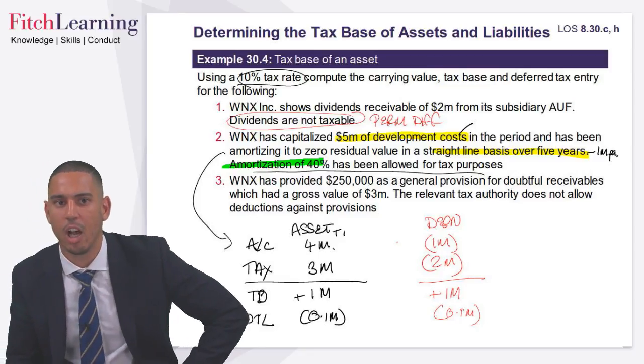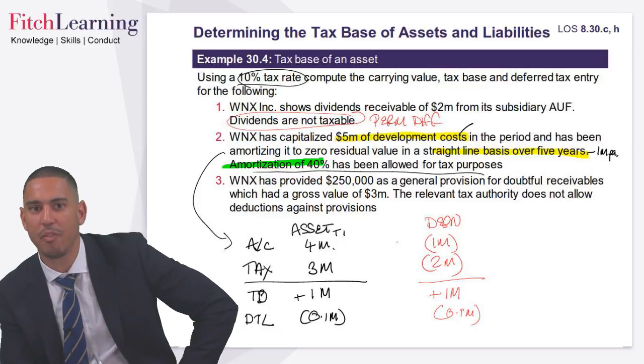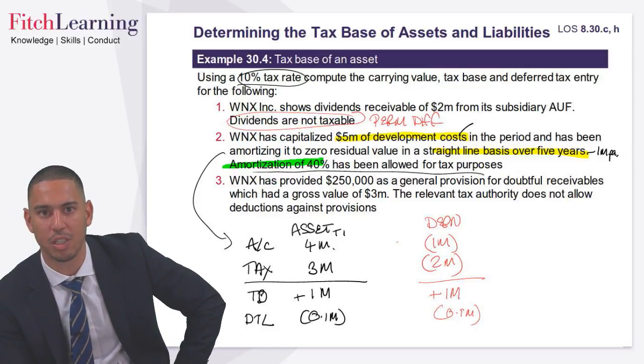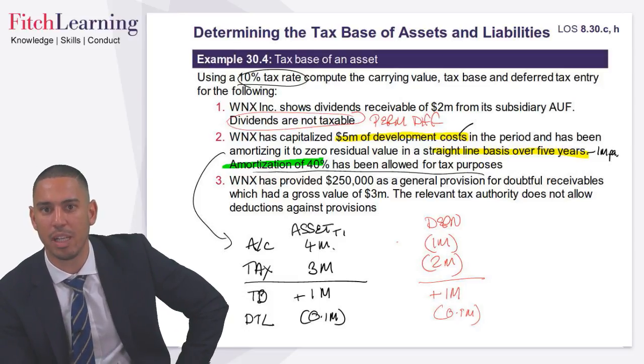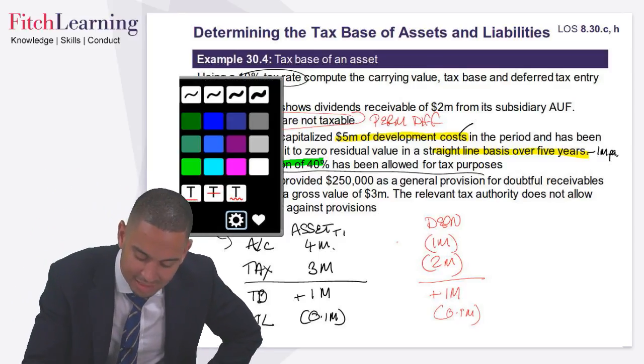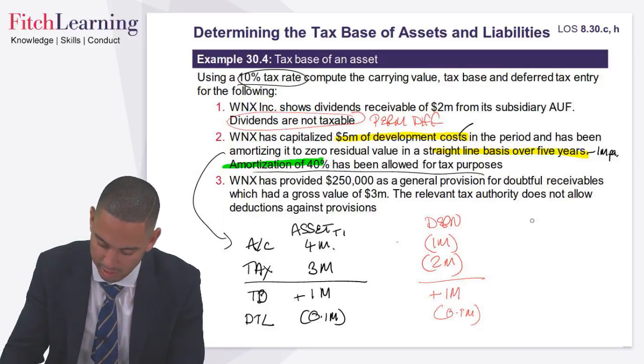Number 3, we've got a company and they've provided 250 as a general provision for doubtful receivables, which have a gross value of 3 million. The tax authority does not allow deductions against provisions. Cool, I think we've done pretty much this exact same example with a warranty.